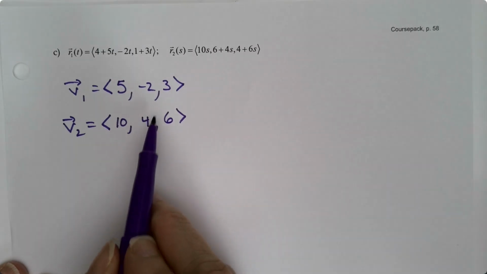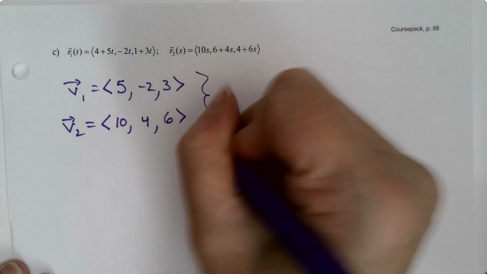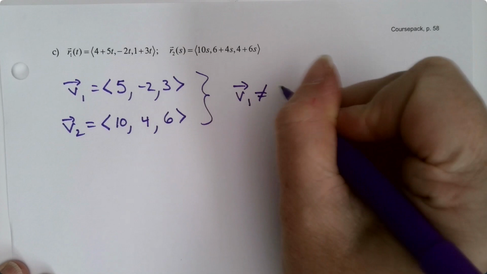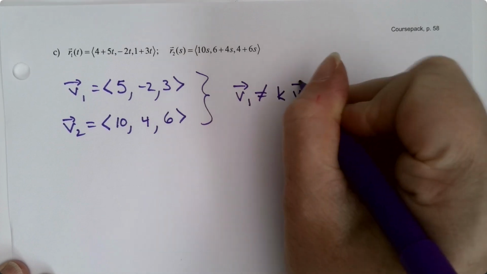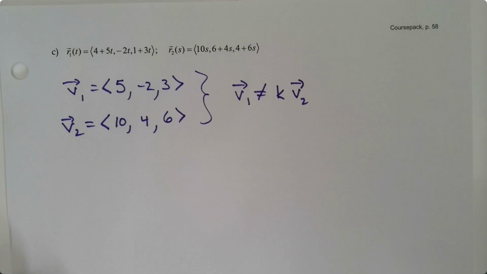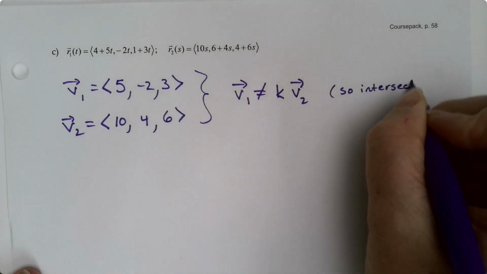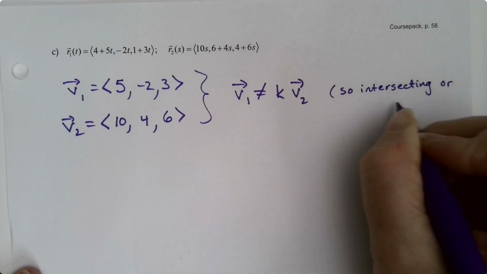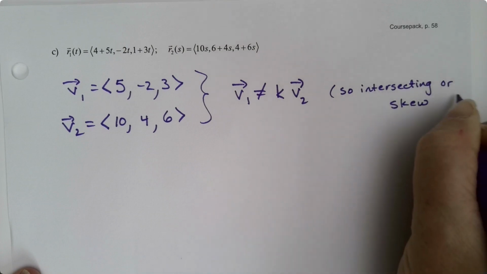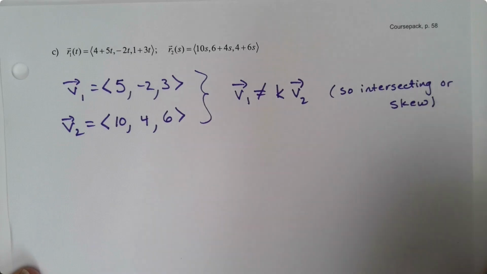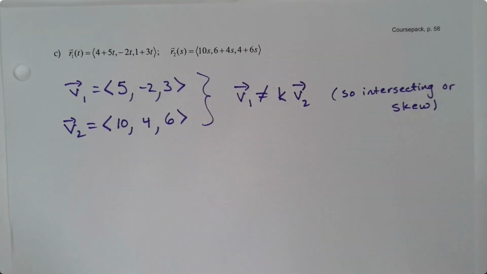And these are obviously not multiples of each other, right? So v1 is not a constant multiplied by v2, nor vice versa, right? So that means that we're either intersecting or skew. And if you know the way a math professor works, you know this is going to be skew. But because we already did an intersecting example, let's prove it.